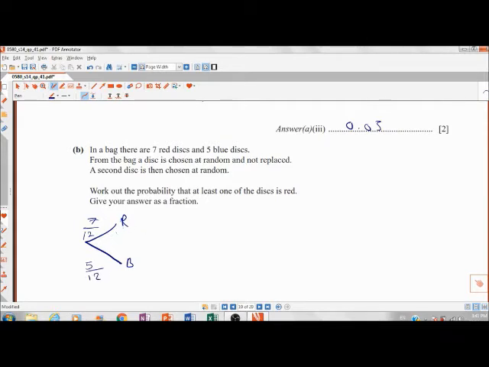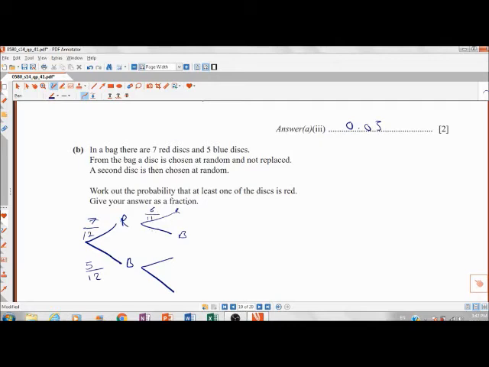And then this is for the first pick. For the second pick, you might get red or blue. If you got red first, then it's 1 minus, right? Because it's not replaced, so the total is 11 now. Because we already took 1 from the first pick, what's left is 11.